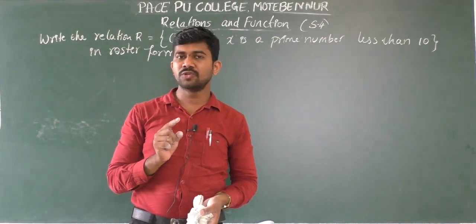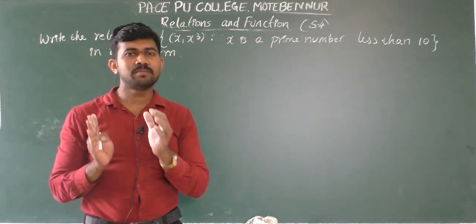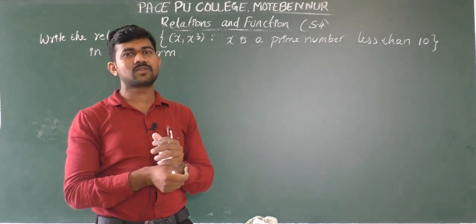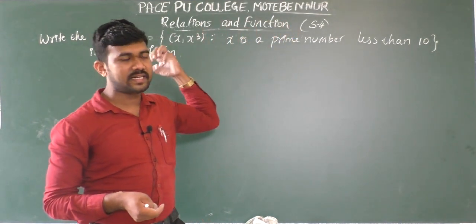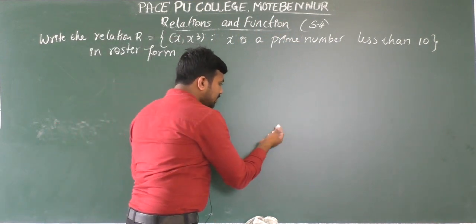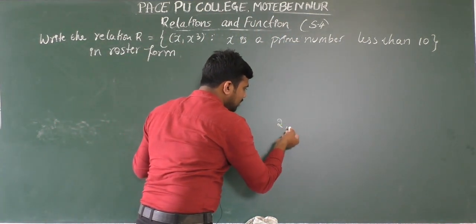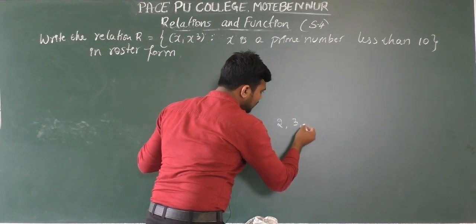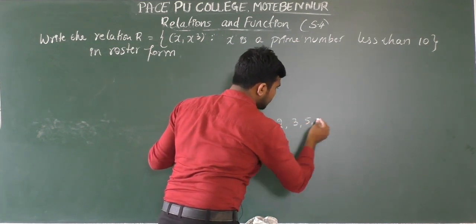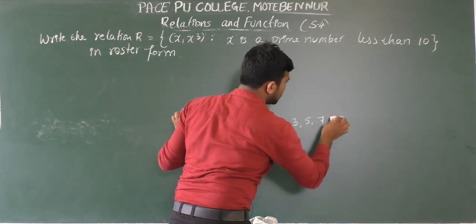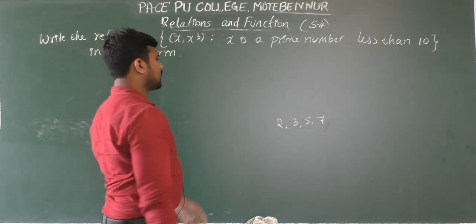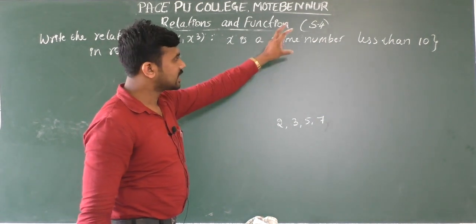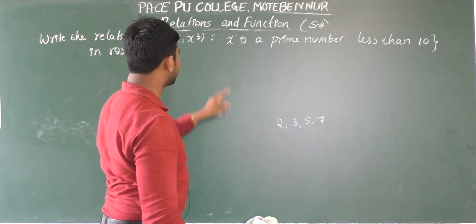So prime numbers, you know, are the numbers which are divisible by only 1 or itself. Here we need to take the prime numbers which are less than 10. Means the prime numbers less than 10 are 2, 3, 5, 7. Next comes 11, which is greater than 10, so only 4 numbers for x.